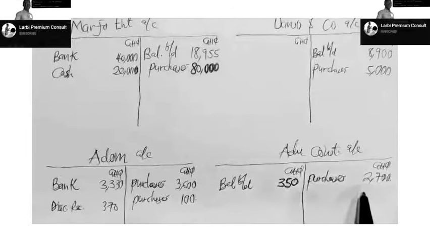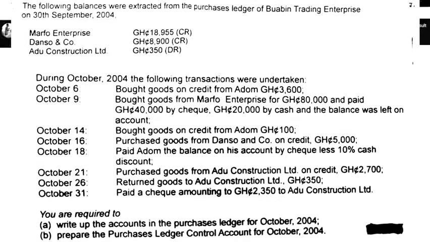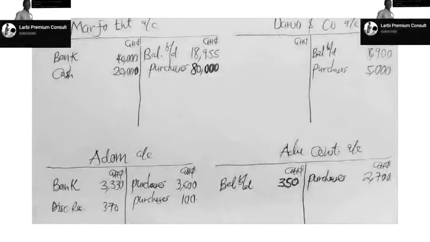So let's see whether we have other information related to Edu during October. So you can see 26. So you check on the screen. We have 26 October where we returned goods to Edu Construction Limited for 350. So you bought some goods from Edu, then Boabin Trading Enterprise thought that doesn't meet his preference, so we need to return it back. So once we are returning, Boabin is the one giving, right? So he is the one returning.